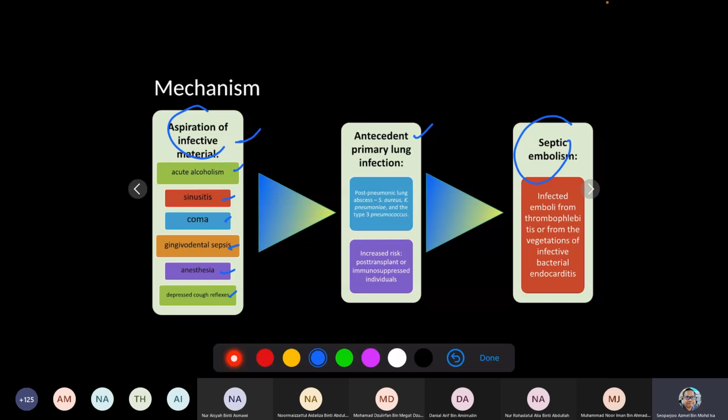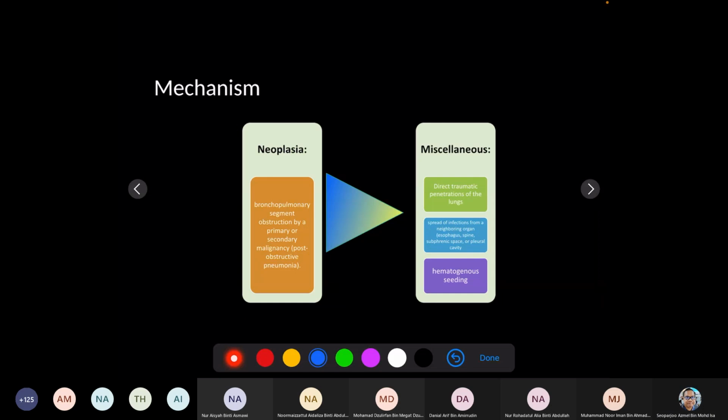When this happens, the septic emboli can cause a lung abscess locally. Next is neoplasia, in which there is a bronchopulmonary segment obstruction due to cancer or malignancy of the large airway. In the distal airway, there will usually be a lung abscess. It will start with pneumonia first and then end up as a lung abscess.